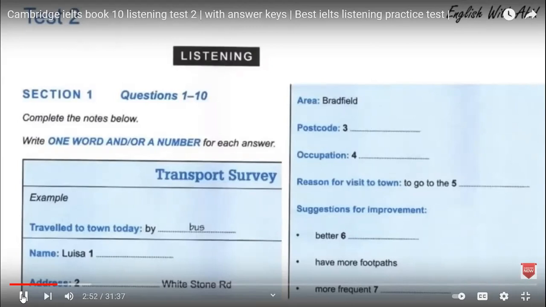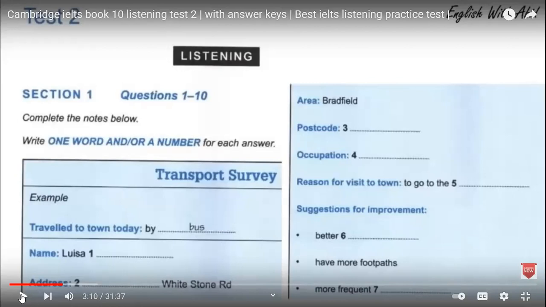Sure, I came on the bus. Great. Now, can I get a few details about yourself? Okay. What's your name? It's Louisa, yes, Hardie. Great, thanks.